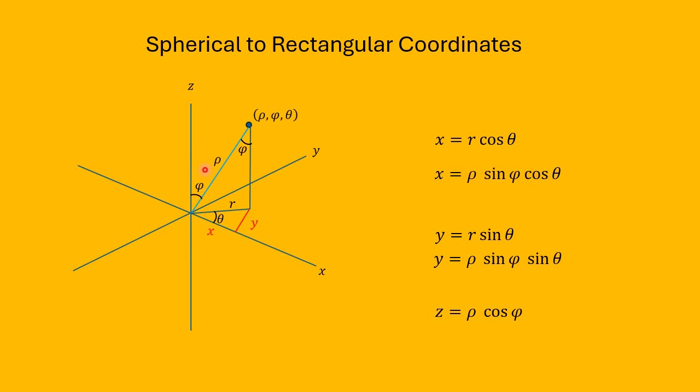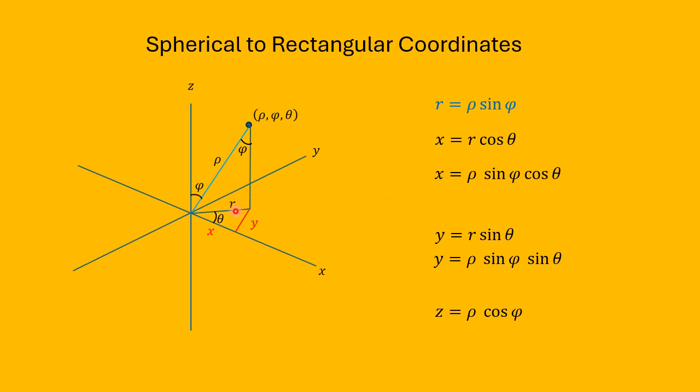Since this angle right here is phi, this angle up here in this right triangle is also phi, and so we get that by looking at this large right triangle. R is rho sine phi, and so x is r times cosine theta, which is rho sine phi times cosine theta.